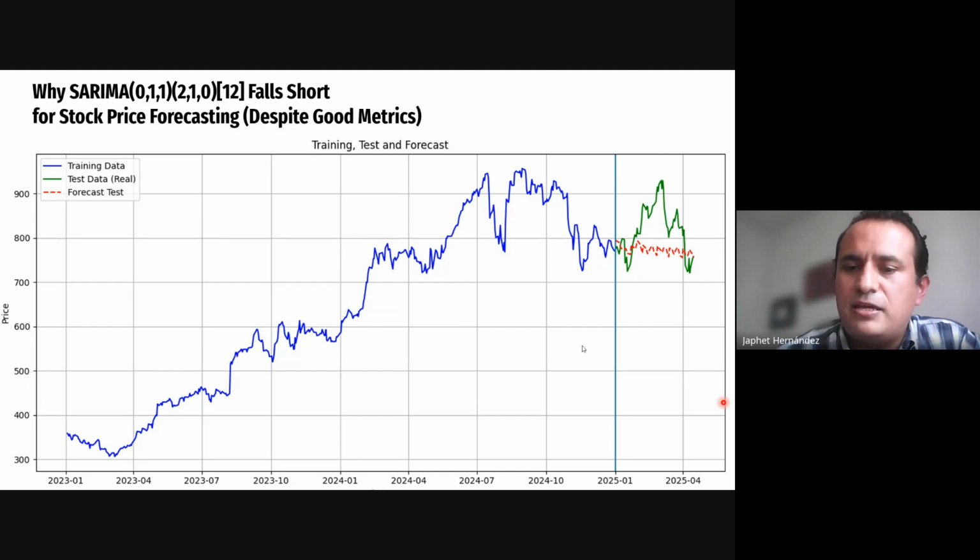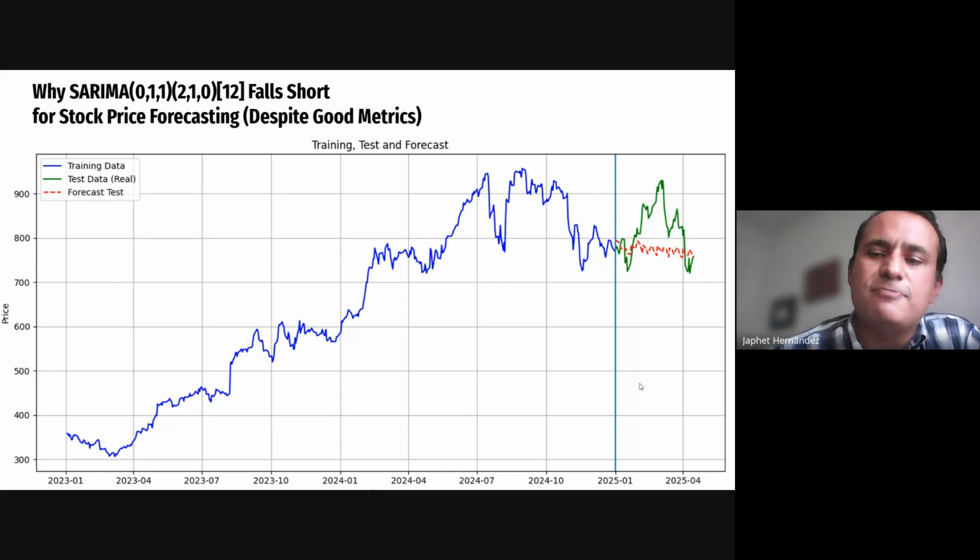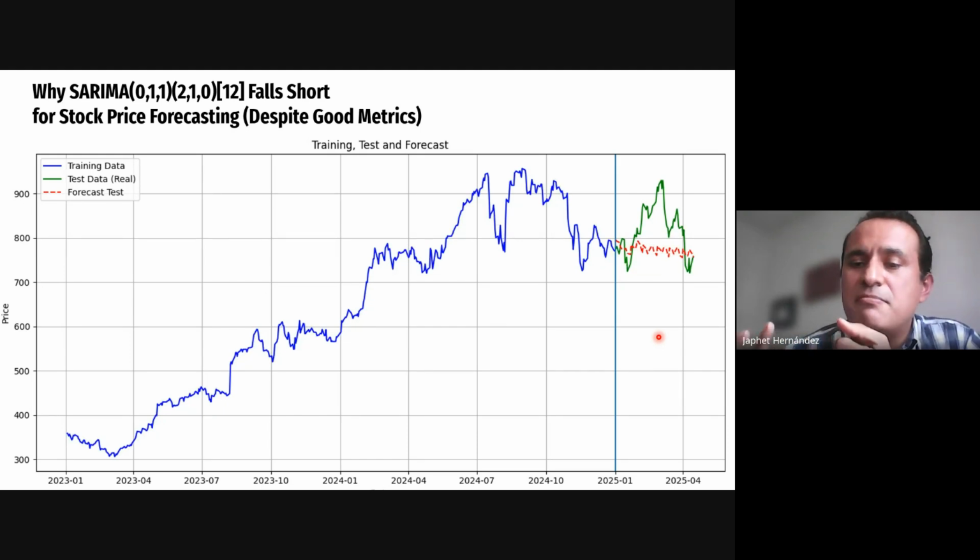So in the meantime, what we can assume is that the metrics cannot capture the mistakes during spikes and crashes. That is what traders actually care about. And pretty much there's also a bunch of information that statistical models ignore. They ignore external data such as news sentiment, just like macro trends. They only learn linear historical patterns.